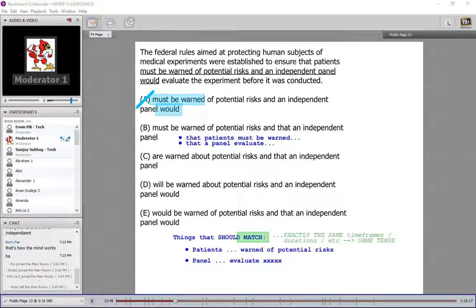Those don't match. One of those is actually wrong, which we'll talk about very briefly in a second. But if one of these is a must-be, then the other one's got to be a must-be as well. Give me a smiley face if that makes sense. These don't match either.